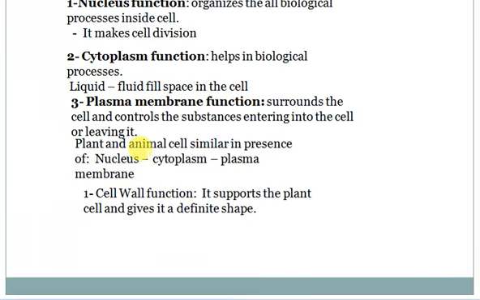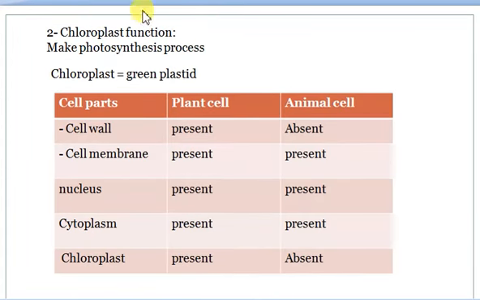Chloroplasts function: البلاستيدات الخضراء make photosynthesis process. هي المسؤولة عن قيام النبات بعملية البناء الضوئي.